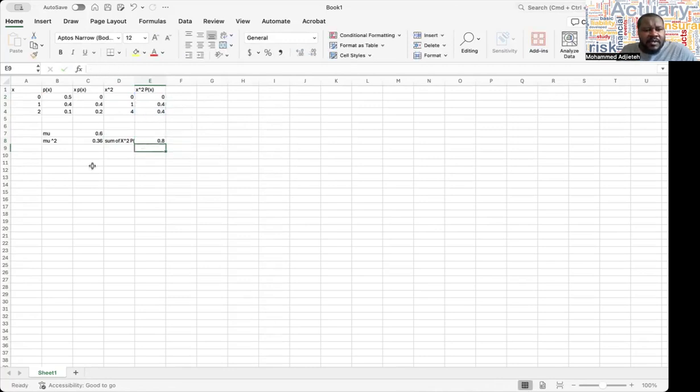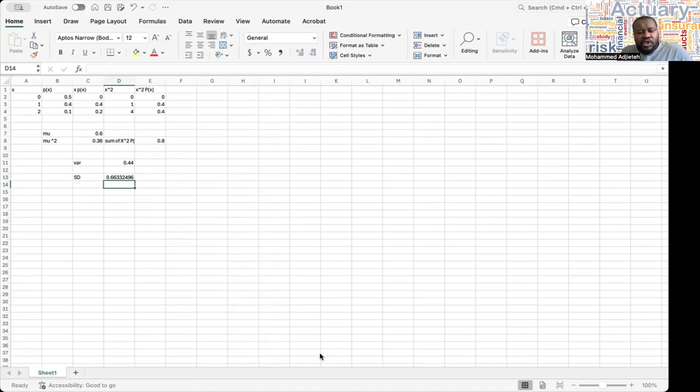So that is that. And so variance equals this minus this. So the variance is 0.44. Standard deviation, SD, equals the square root of that. So it's 0.6666.